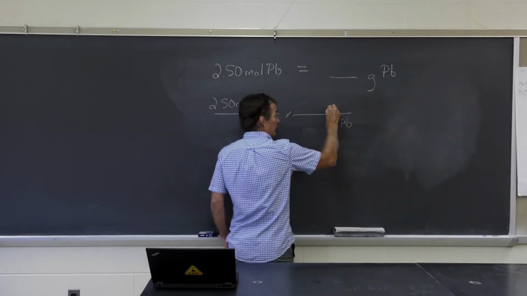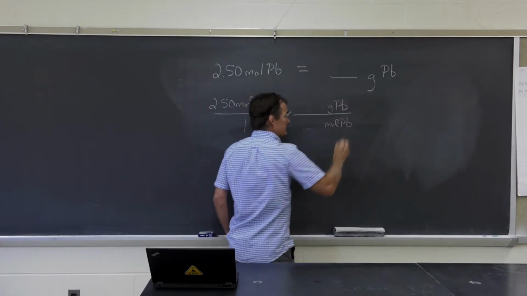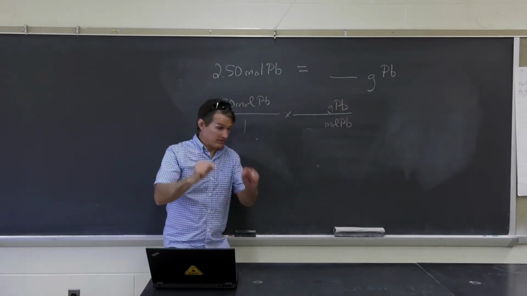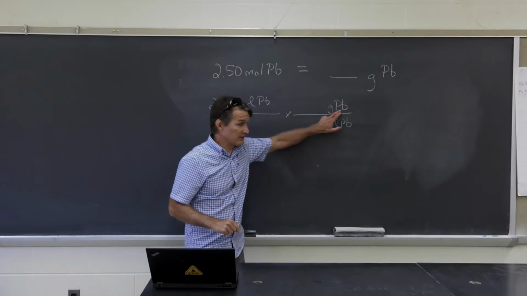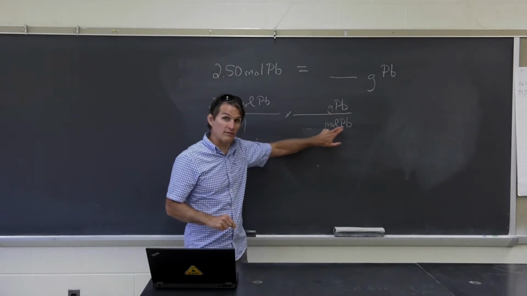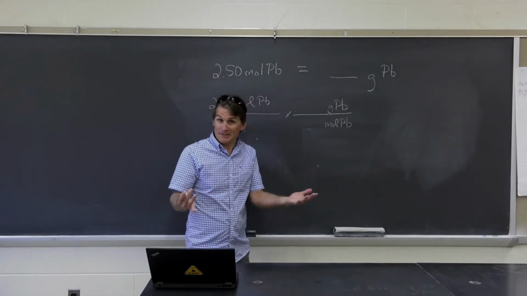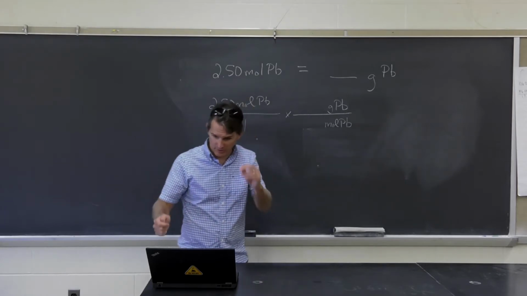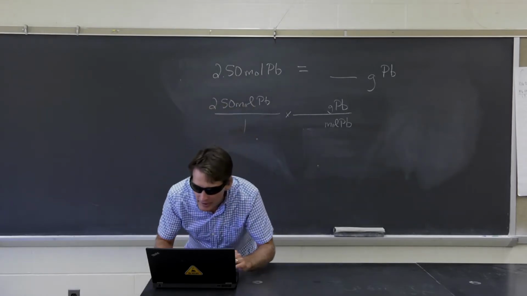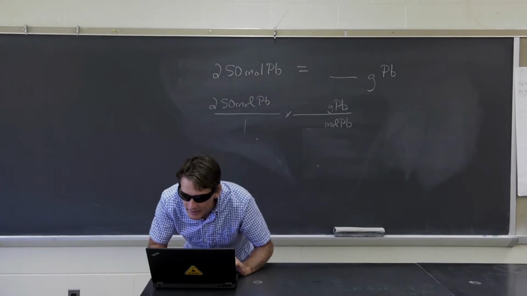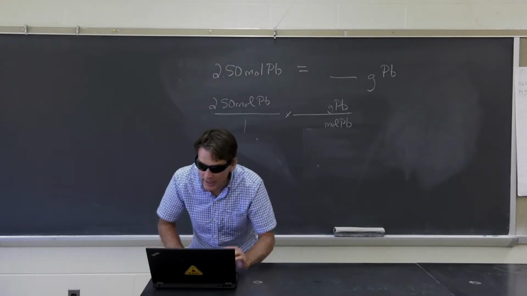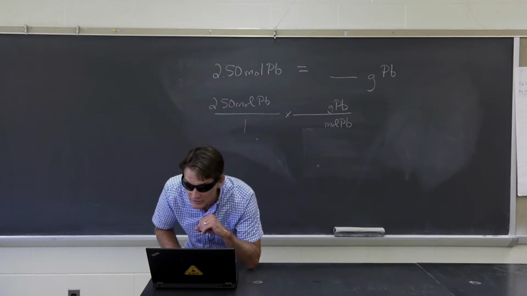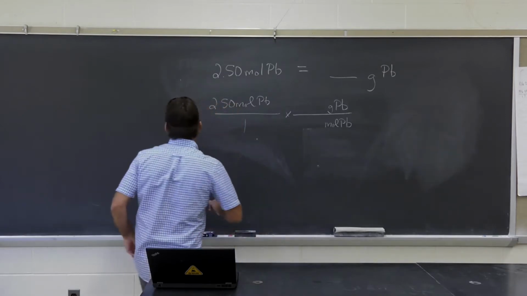I want to convert it to grams of lead. And this connection, grams of lead for every mole of lead, that's the atomic weight of lead. So we need to be looking at the periodic table. I'm going to look here at the periodic table for lead, element number 82, and down below its symbol I see 207.2.